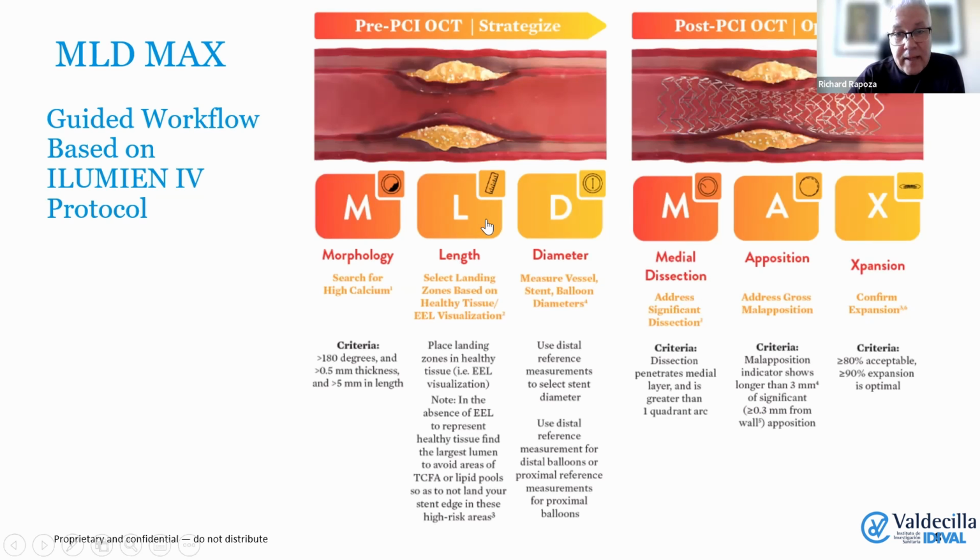Then making the proper length and diameter measurements by identifying healthy landing zones for the length and using EEL for diameter. And then proceeding on after stent deployment to assess if there's any medial dissections, for example here, any malappositions that could be corrected with post-dilation, and then giving you an expansion of the stent that tries to achieve roughly 80% for acceptable, 90% for optimal.